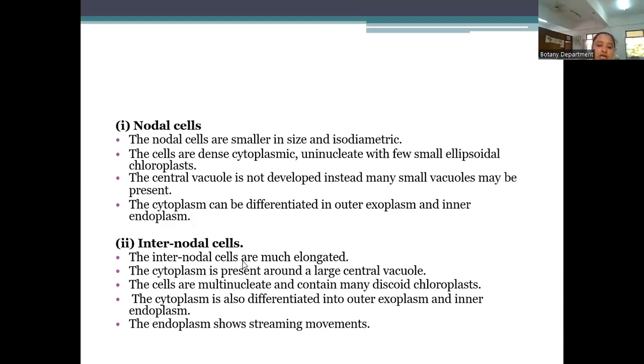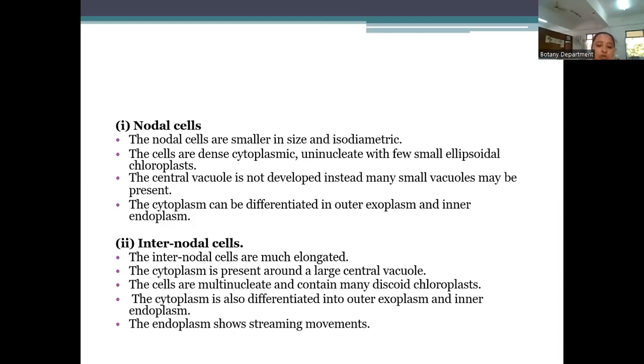Cytoplasm shows two distinct areas. One is the exoplasm, the stationary exoplasm; the endoplasm is called rotating. Both are present. Streaming of cytoplasm, that is the cyclosis, is observed in this part.